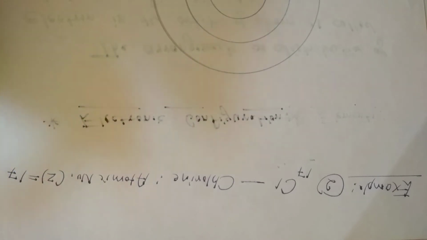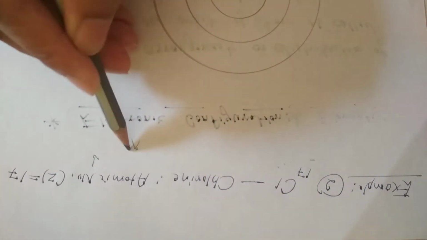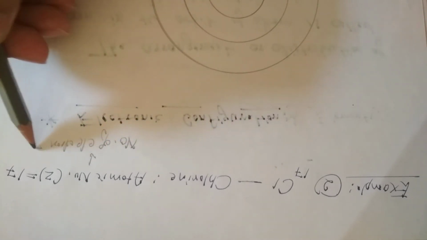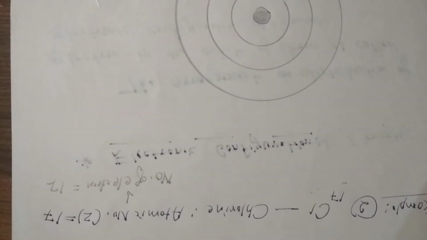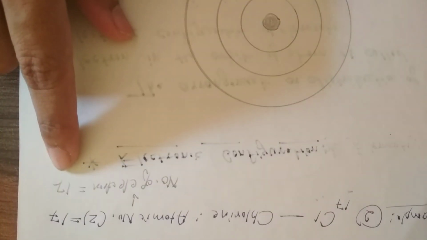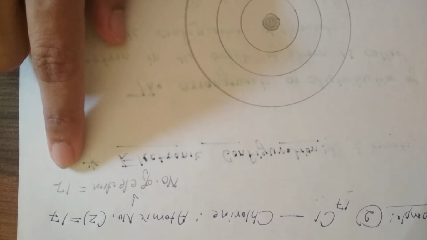Atomic number means the number of electrons, so here the number of electrons is 17. Now let's arrange these electrons in their orbits. How many electrons are in chlorine? 17.